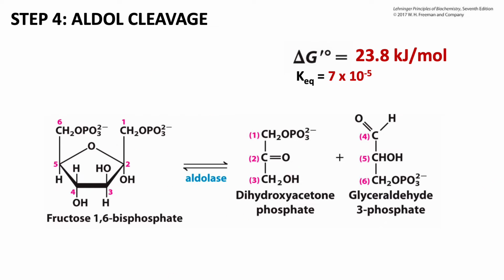Well, what do we know about Le Chatelier's principle? His principle says that if you add a stress to an equilibrium, the equilibrium will shift to relieve that stress. So if the concentration of glyceraldehyde 3-phosphate is always kept low, the equilibrium will shift to relieve that stress. So that's how we get this reaction to move forward. We always keep this concentration low in glycolysis in order to pull this reaction forward. And this is referred to as product pull.